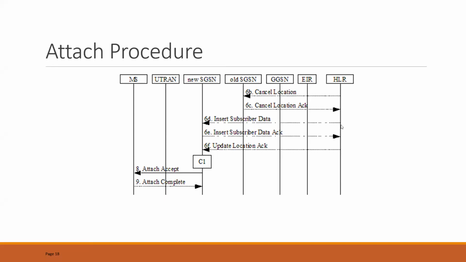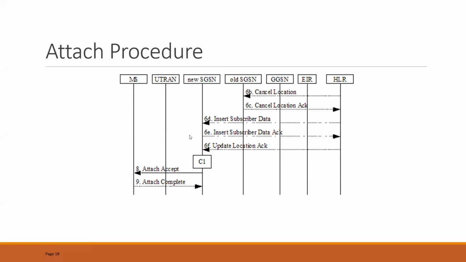Then the HLR shares those APNs to be stored in the SGSN, so the SGSN can perform the appropriate routing, and the SGSN will send an acknowledgement that, okay, I have installed this subscription information. Based on that, the HLR will close this communication by sending an update location acknowledgement.